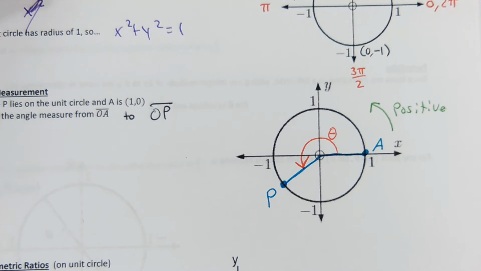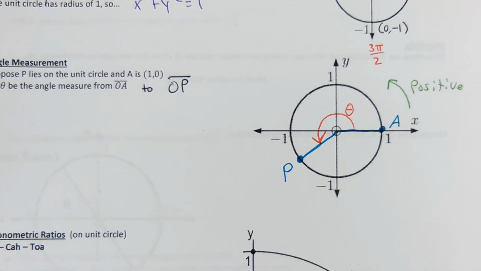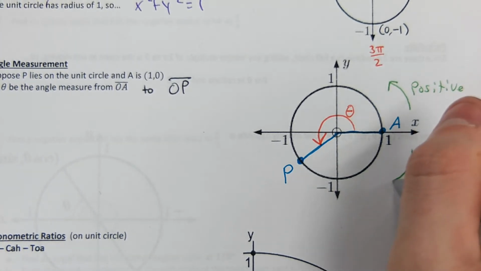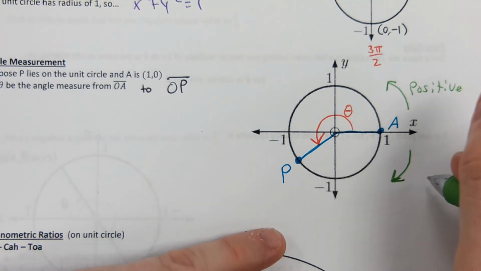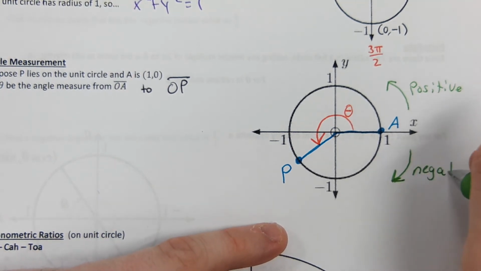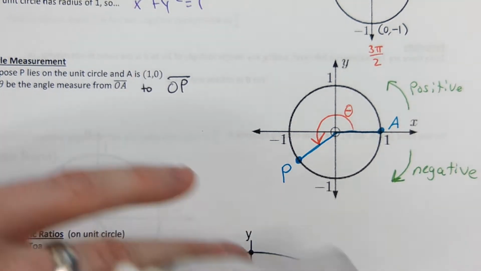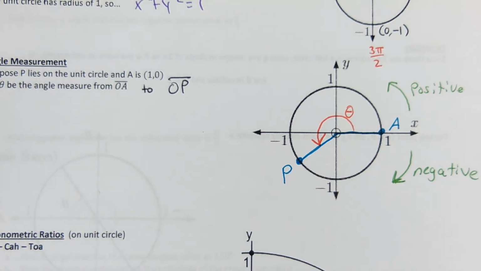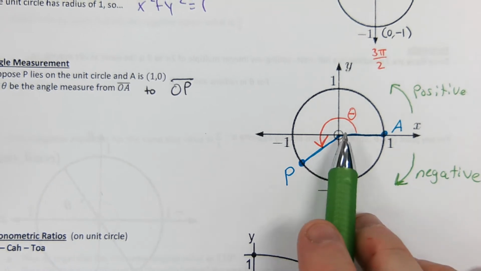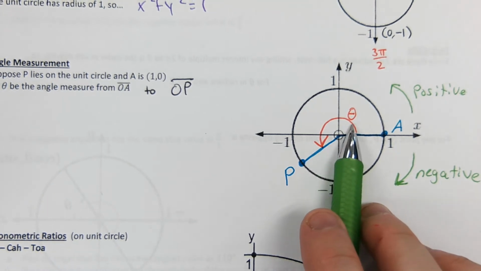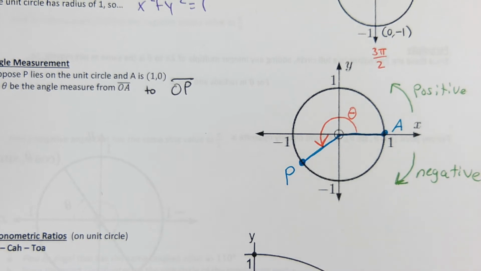But if they open the wrong way, which means clockwise, they'll be negative. Our angles are always read from the positive x-axis. That's always where angles begin. Positive x-axis. So angle theta is positive because it's going counterclockwise.